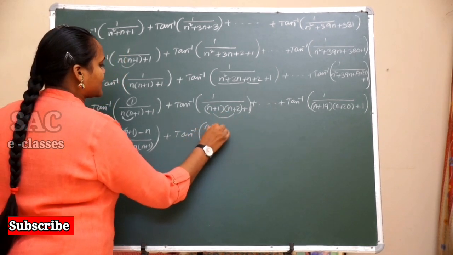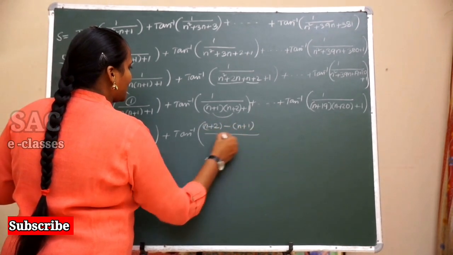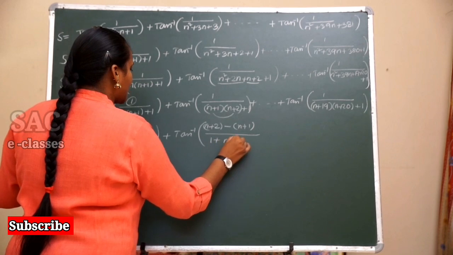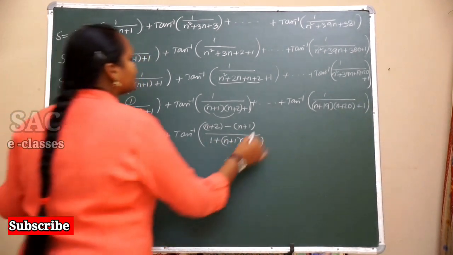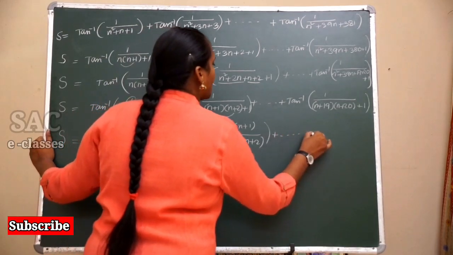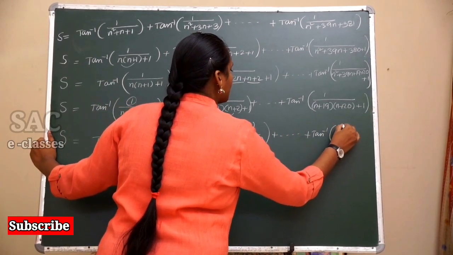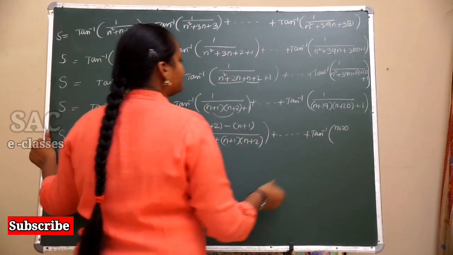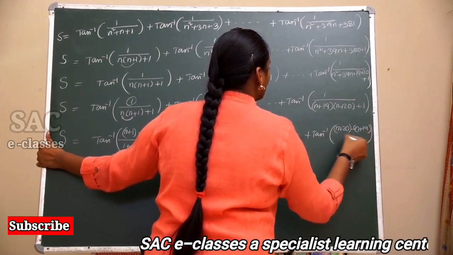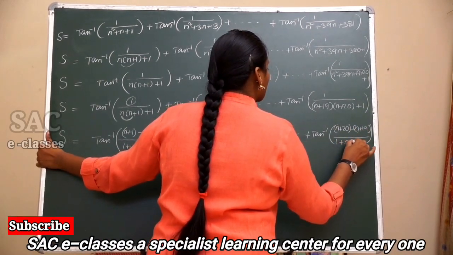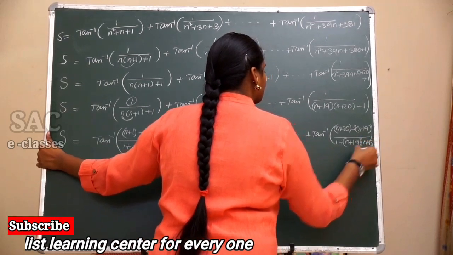So in what way can I express it? n plus 2 minus n plus 1 by 1 plus n plus 1 into n plus 2, plus and so on, plus tan inverse n plus 20 minus n plus 19, whole by 1 plus n plus 19 into n plus 20.